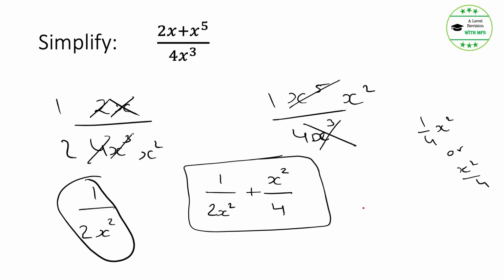So we can also write that as a half x to the power of -2 plus a quarter x squared, okay, just so we don't have the x squared at the bottom, but you could have had either answers. Don't worry about this method, we will cover it in another video.